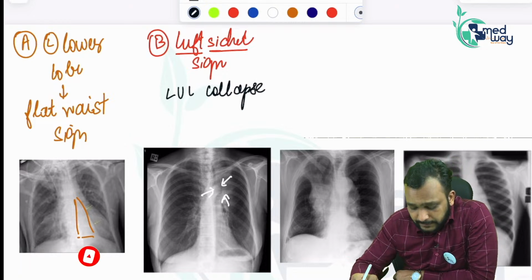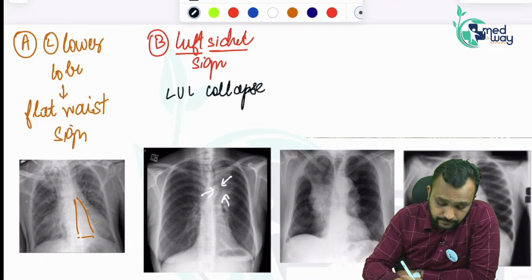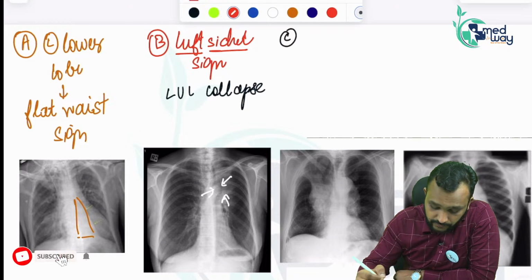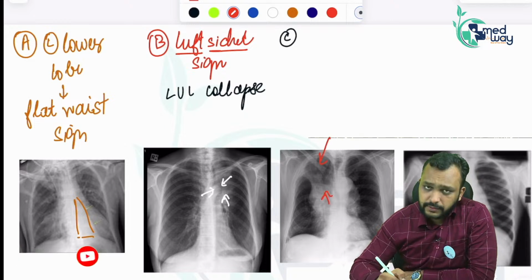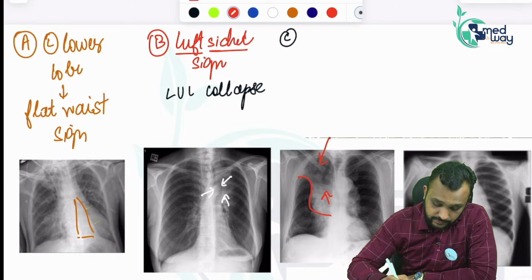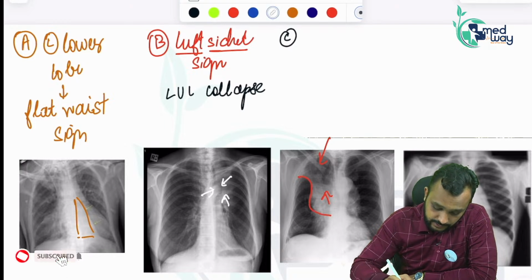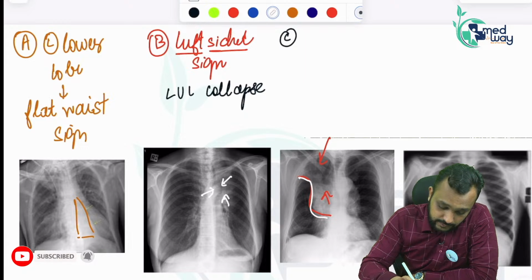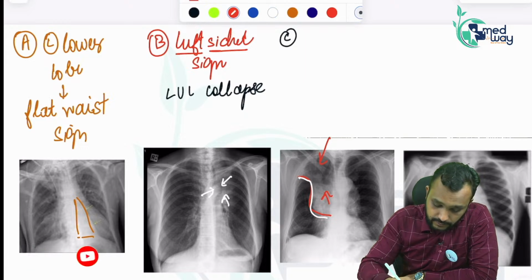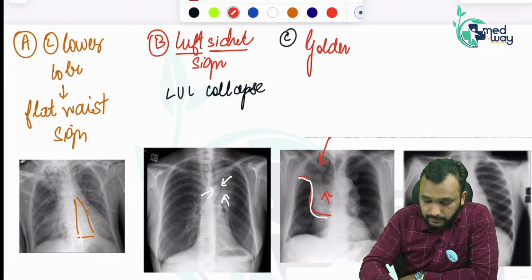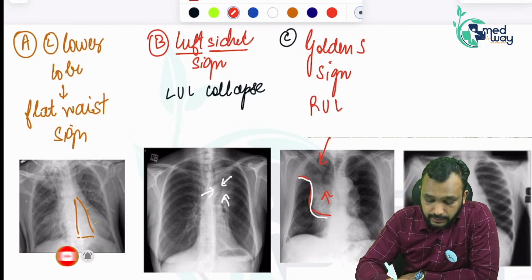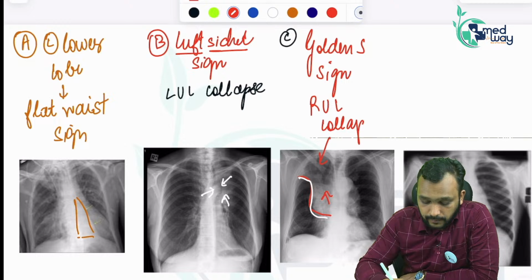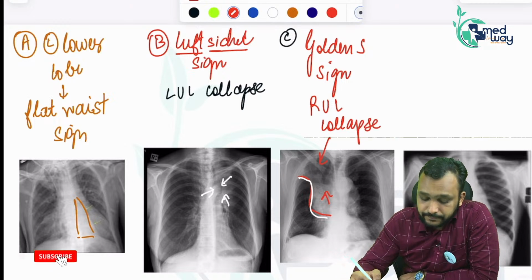Now talking about the third image. In the third image, what we can see is that there is a homogeneous opacity in the right upper zone and it is taking the shape of an S. This is known as the golden S sign, and it is seen in patients with right upper lobe collapse, right?